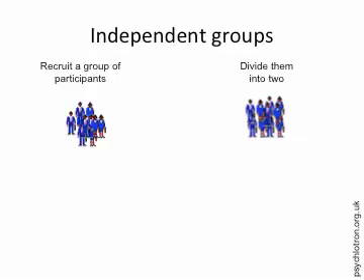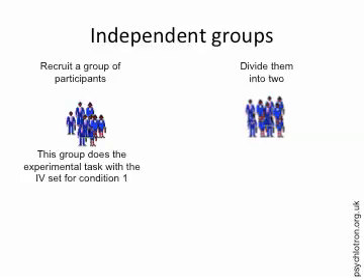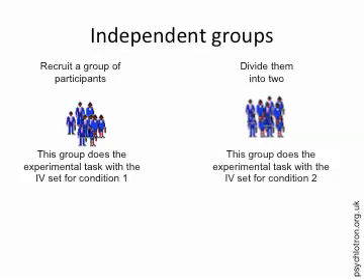One group, the participants will complete the puzzle on their own. The other group, the participants will all complete the puzzle in the same room. This group does the experimental task with the IV set for condition 1, IV being puzzle on their own.